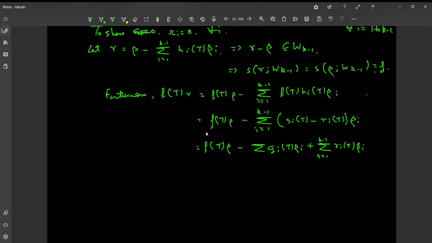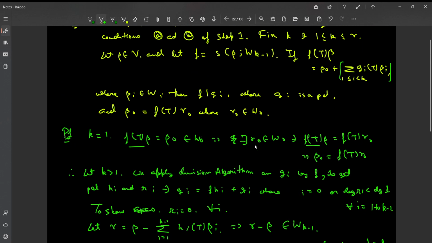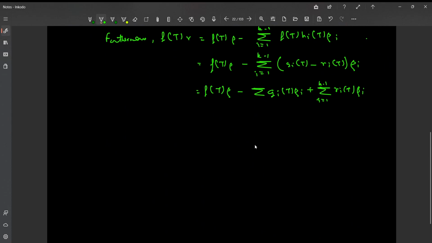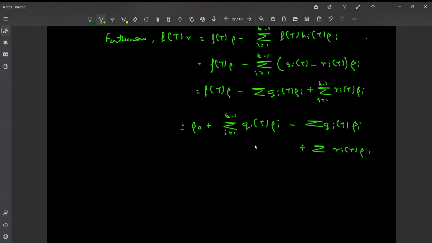So we have f(T) beta to be beta naught plus the summation, i equals 1 to k minus 1, of g_i(T) beta_i. This is what we had. Clear? So we just put it here. We have minus g_i(T) beta_i plus the summation of r_i(T) beta_i. So this part cancels out, so we are left with beta naught plus the summation, i equals 1 to k minus 1.